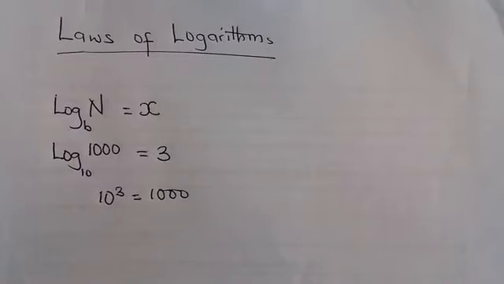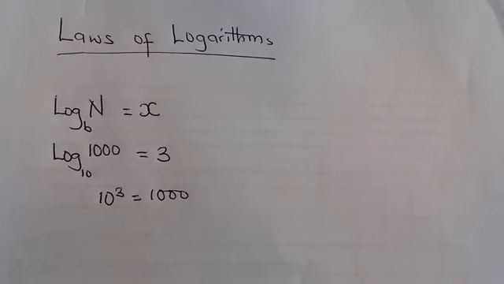So with this, there are certain laws that govern the operations of logarithm. Now, basically, we have logarithm expressed to the base of 10. And when we have a logarithm expressed in the base of 10, we call that natural logarithm.